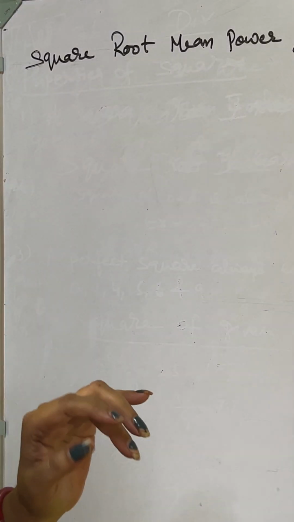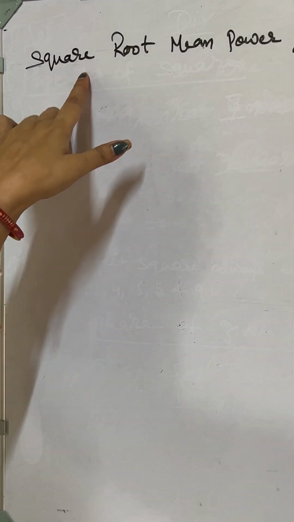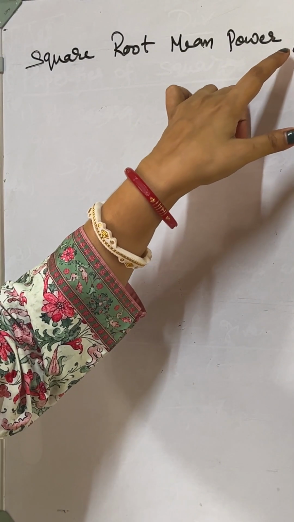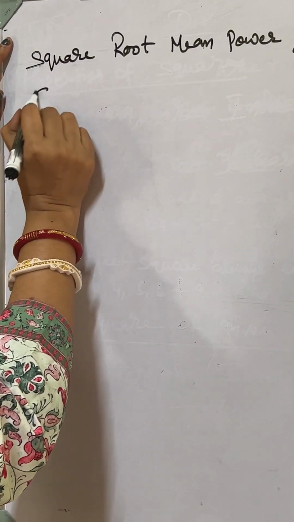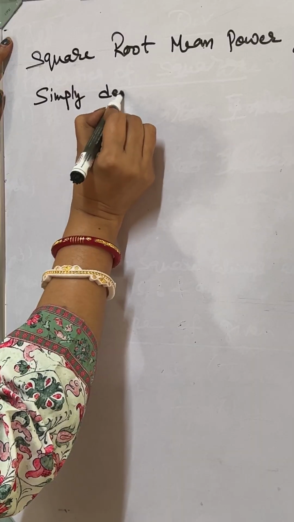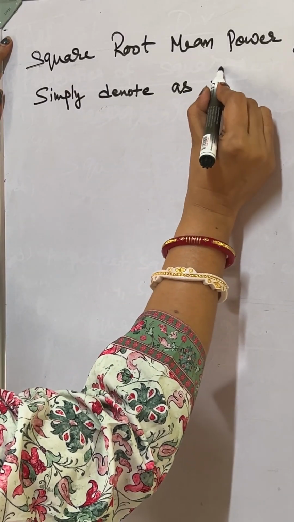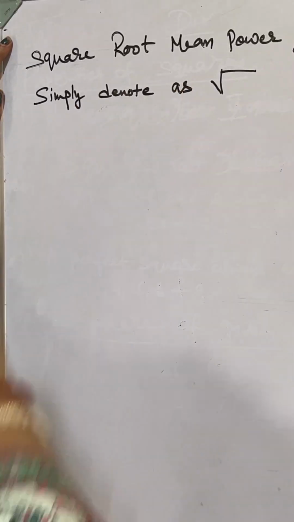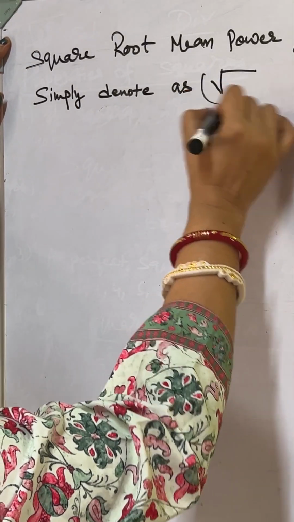Just like we understood that square means power 2, square root means power 1 by 2. And how will we denote it? This is the sign of square root.